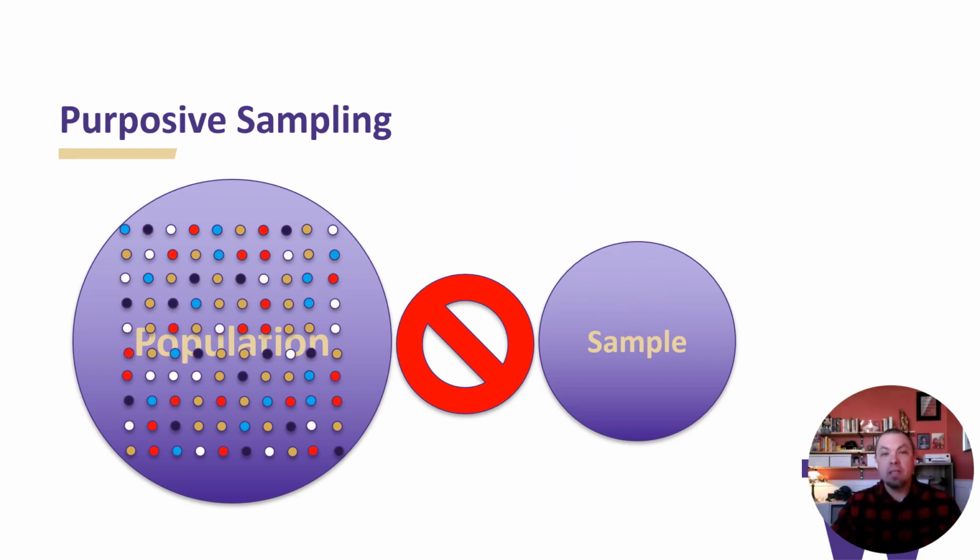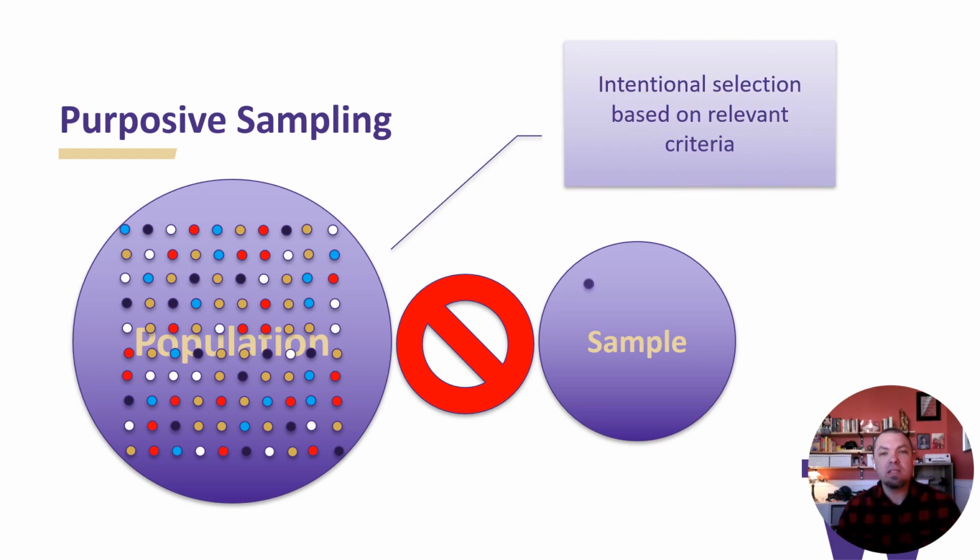Purposive sampling, on the other hand, is a type of sample where cases are selected intentionally based on some relevant criteria, right? So going to our example of asking if the news media is biased, if we want to ask the question, is CNN biased, right?